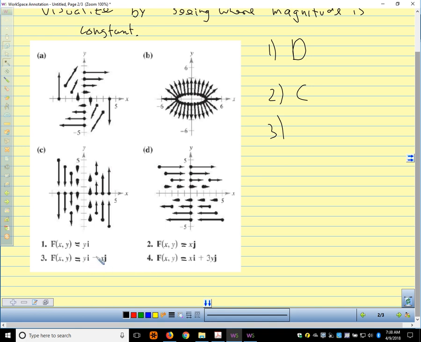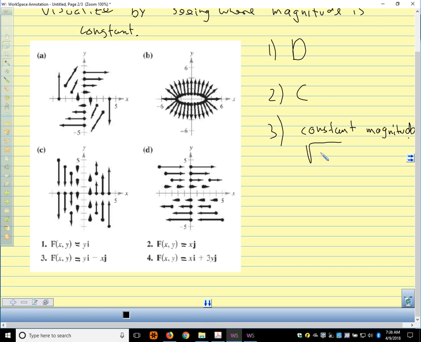So let's look at where the magnitude is constant. Constant magnitude, square root of x squared, or sorry, y squared plus x squared equals a constant.